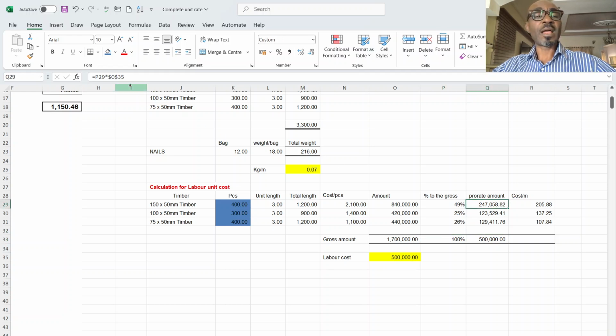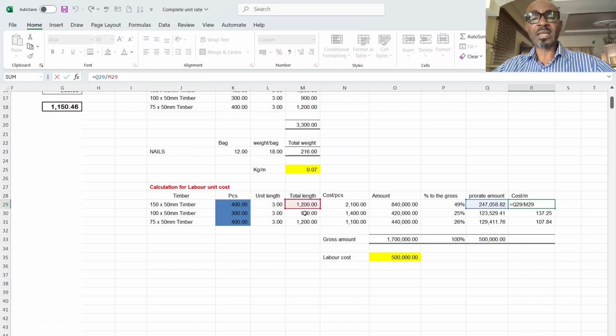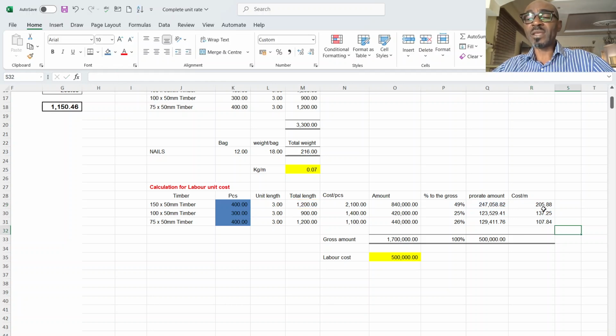So I now multiply the 500 by the 49% for 150 by 50. I did the same for 100 by 50. I did the same for 75 by 50. Then I divided this amount by the total linear meter of timber I used for the carcass. It now gives me my cost per linear meter.